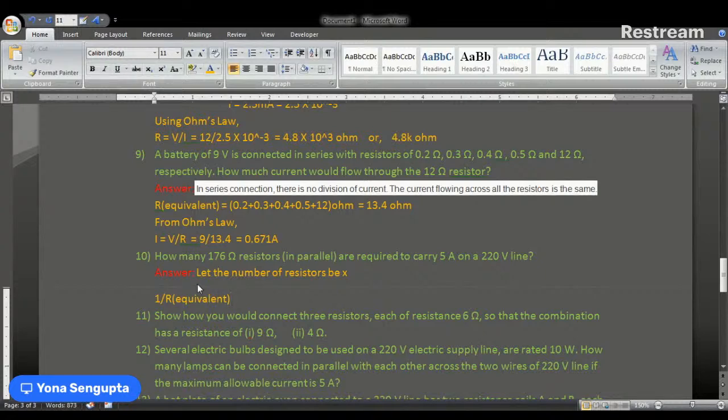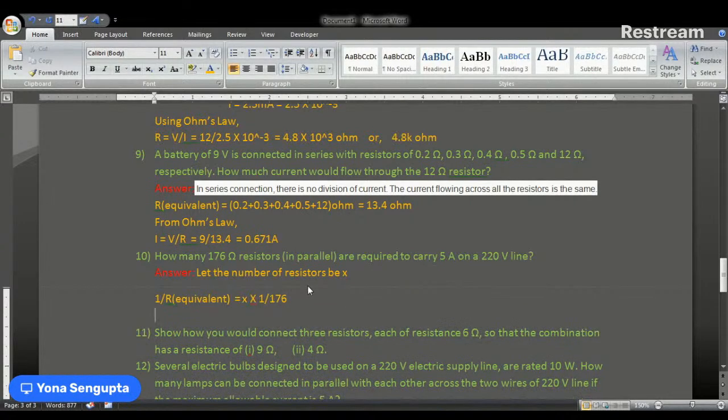So the equivalent is x into 1 by 176, which gives R equals 176 by x.